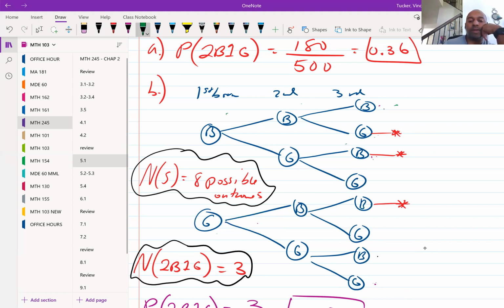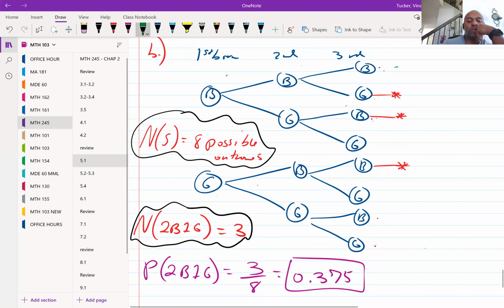So we have 3 different outcomes that will create 2 boys and 1 girl. So once you have both of those, you place the 3 over the 8, and that would be 0.375. All right, any questions on that?